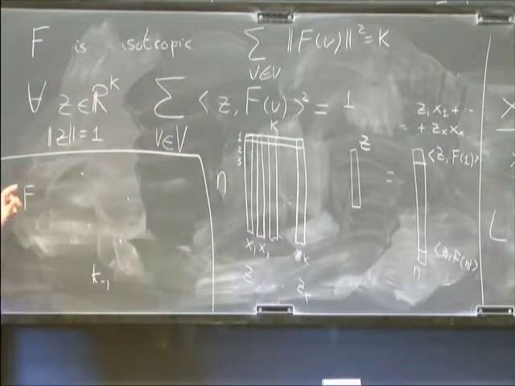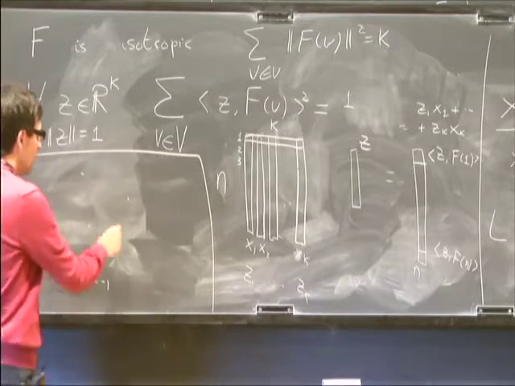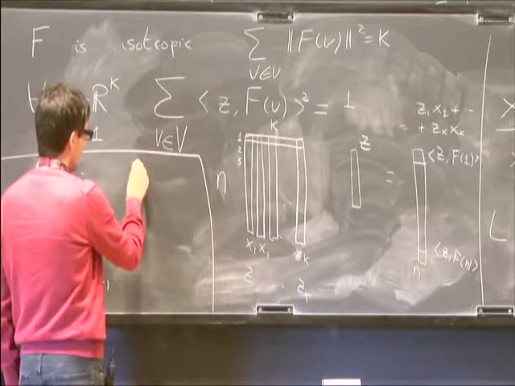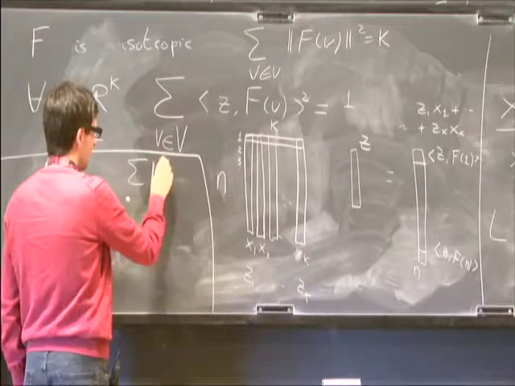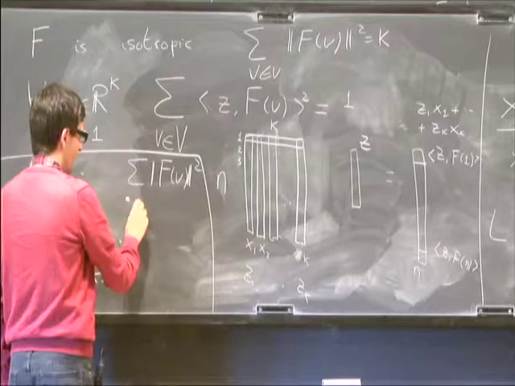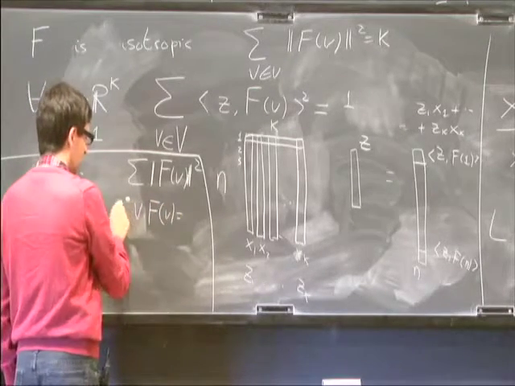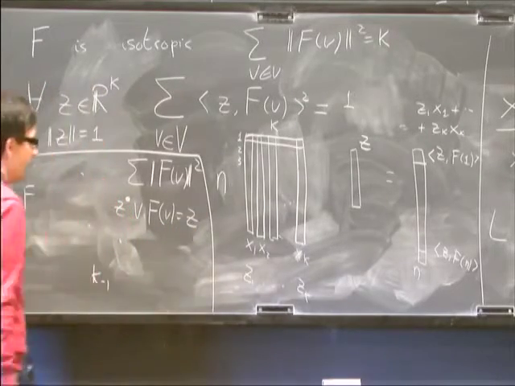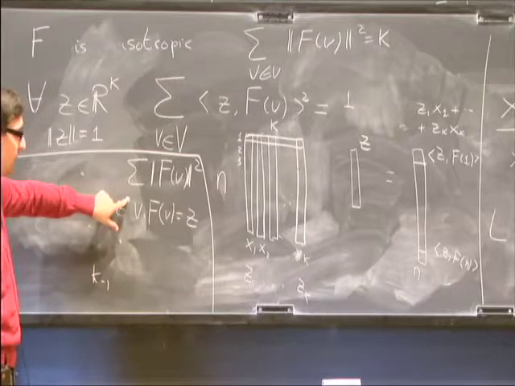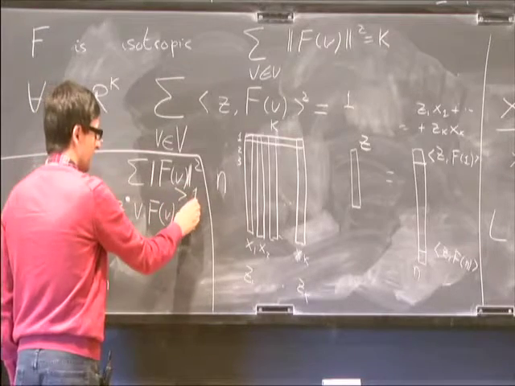So if f is mapping all the vertices into only k minus 1 points, there has to be some point in k space, say this is a point z, such that the summation of the norm square over the vertices that map to it would have to be bigger than 1.